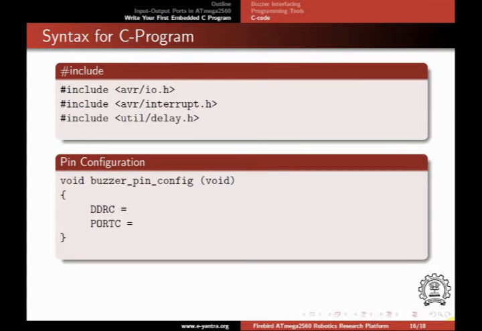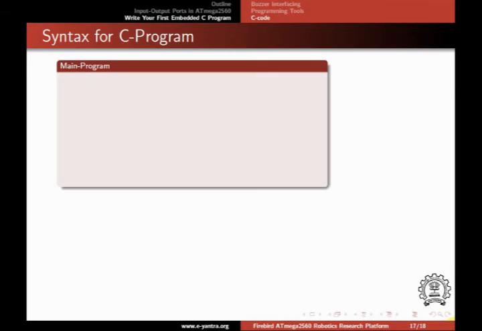Now let us define the main program. In the main function, initially we call the buzzer_pin_config function. Next we have an infinite while loop in which we call the function buzzer_on to switch on the buzzer. Next is the delay function written as _delay_ms, which takes the parameter in milliseconds to introduce the required delay for which the buzzer should be high.